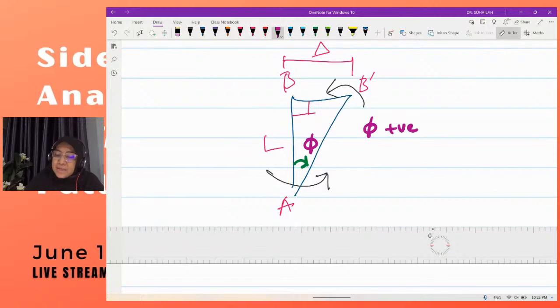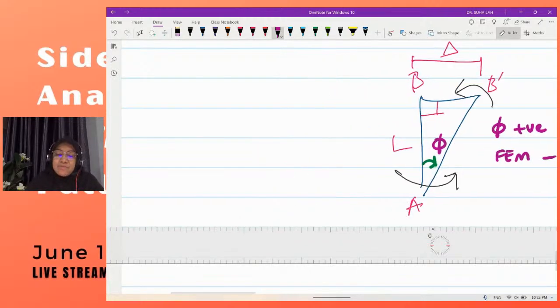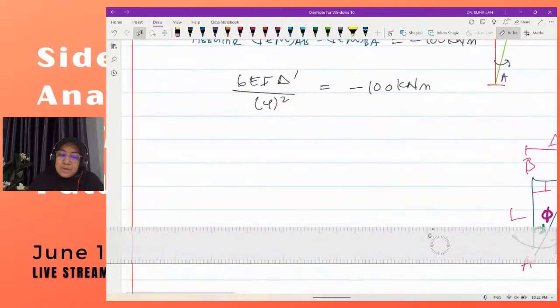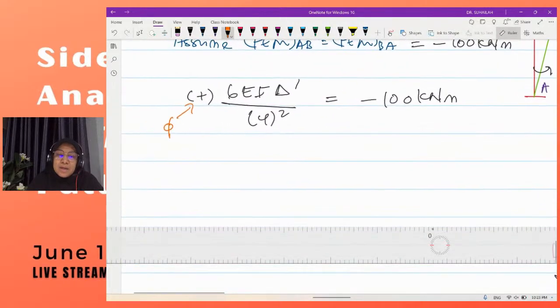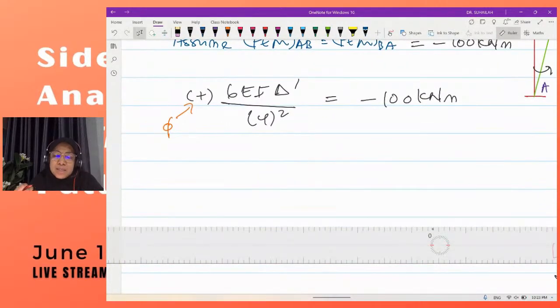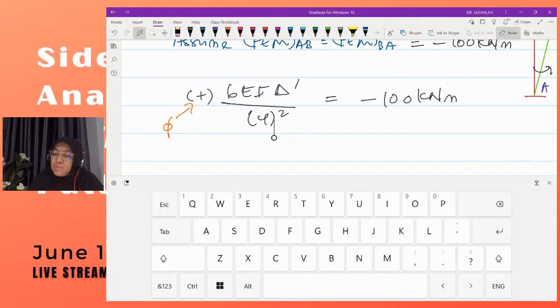The green is the angle, the black is FEM. FEM is negative. So I put positive here for the angle, representing chord rotation. It is positive 6EI delta prime over L squared equivalent to negative 100.